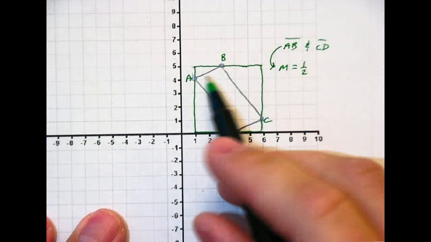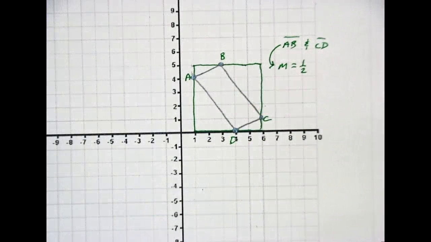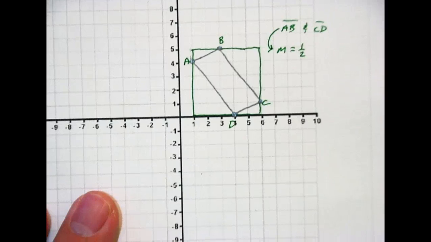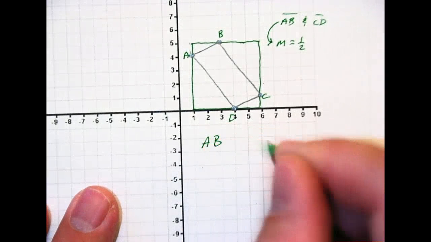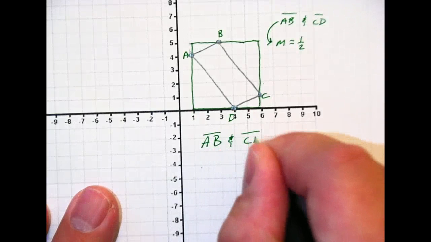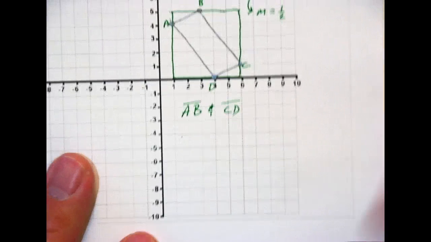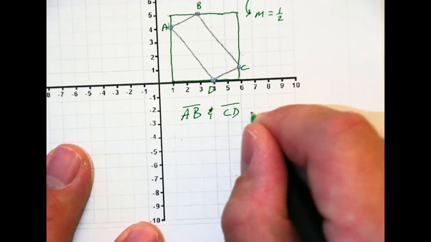Okay, and Bethany, how do we know if they're perpendicular? If the slopes are like negative and like flip it, you know? I do know. Does everyone else know? What's that called?